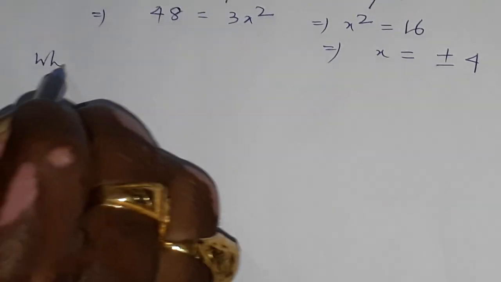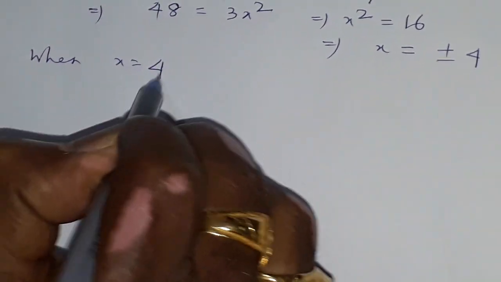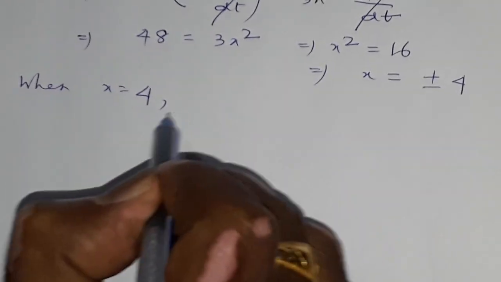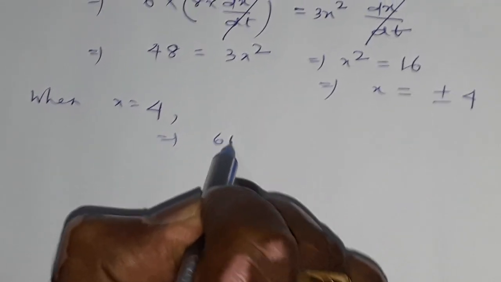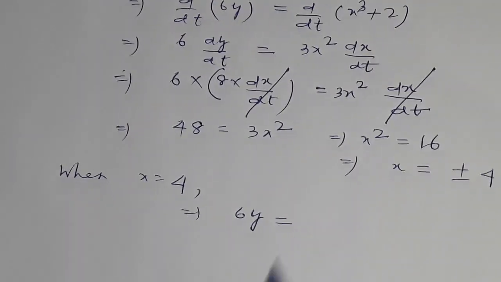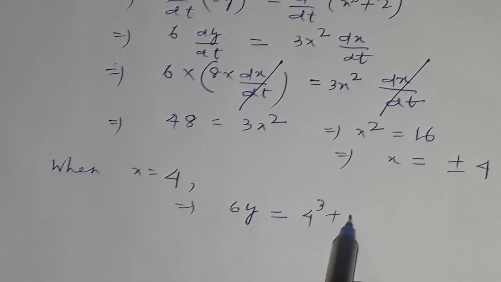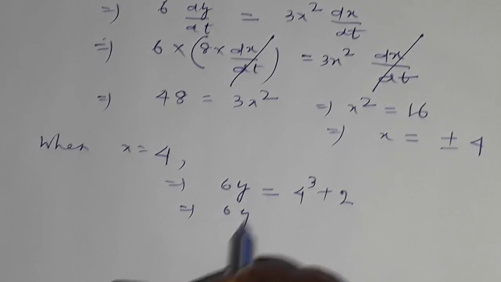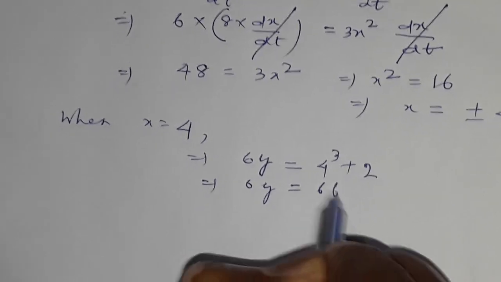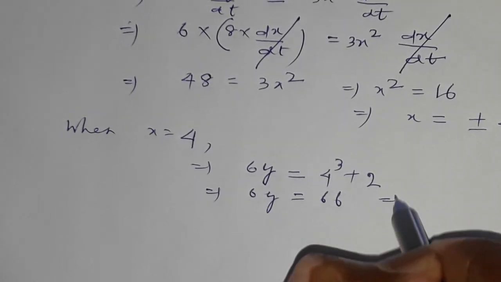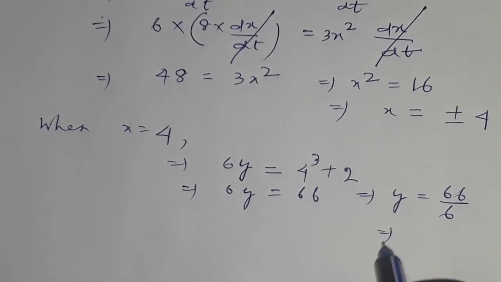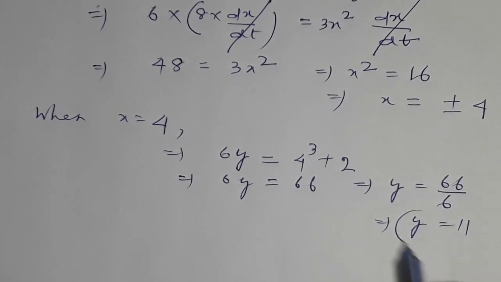When x equals 4, implies 6y equals 4 cube plus 2, implies 6y equals 66, implies y equals 66 by 6, y equals 11.